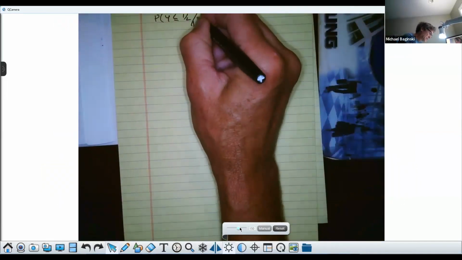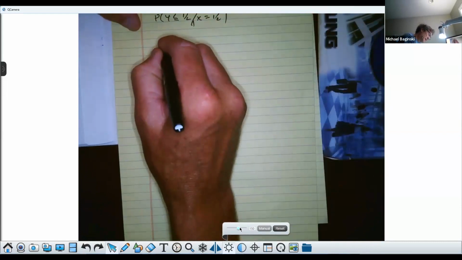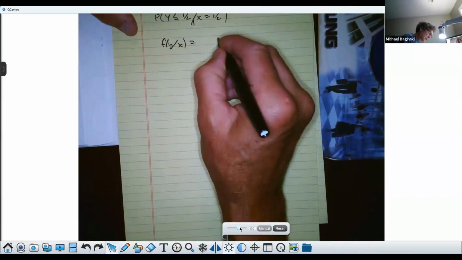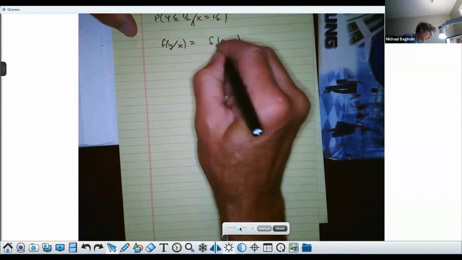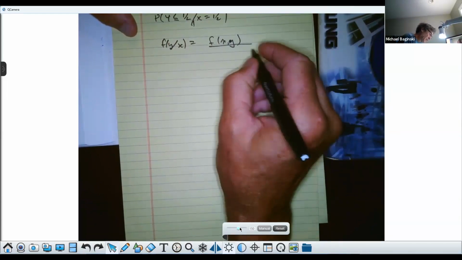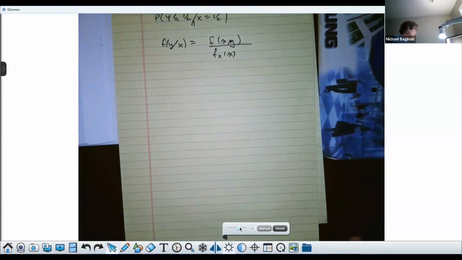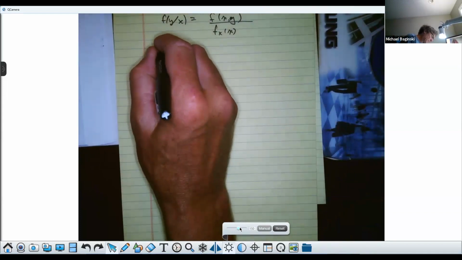So I'll just put x equals 1/2. For this one, first thing I'm going to do is get f of y given x. And that's, again, f of x, y, over f_X of x. Take a second. Do you all agree with that? Everybody? So for that one, we got f of x, y, and I'll put it here.